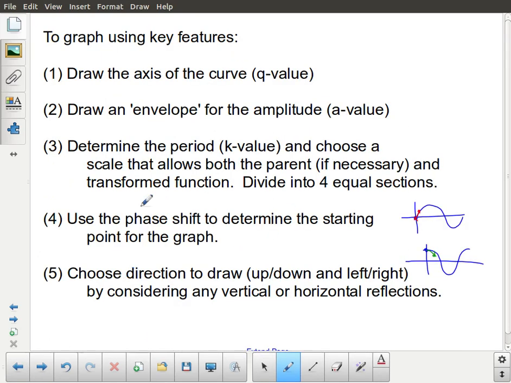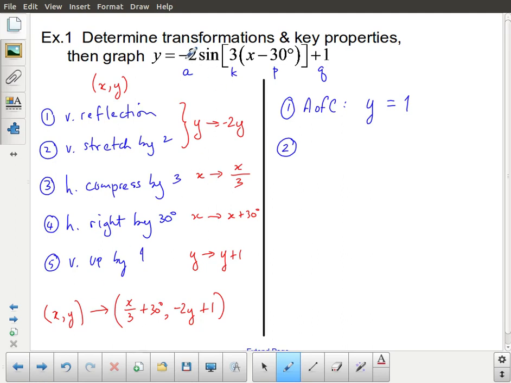My second choice is going to be an envelope for the amplitude. That's based on the a value. So the a value was -2. Now whether it's positive or negative, in the case of the envelope, all that matters is the value of 2. So the amplitude of this is equal to 2.